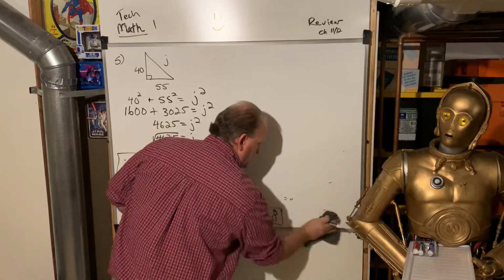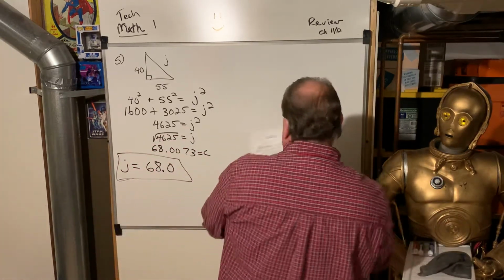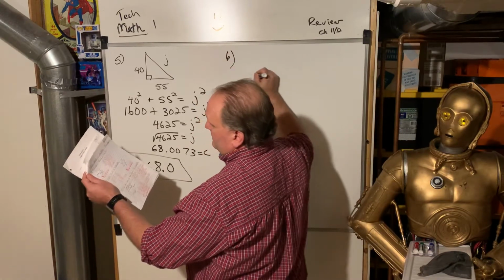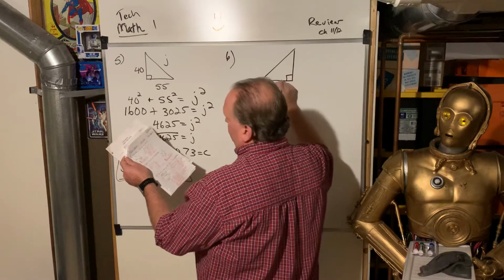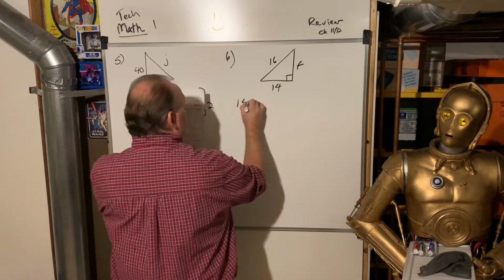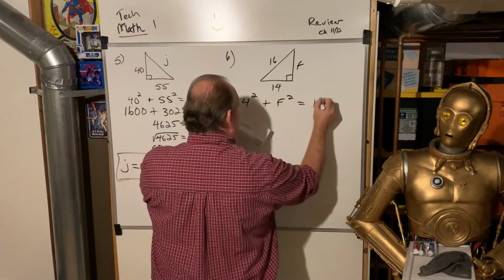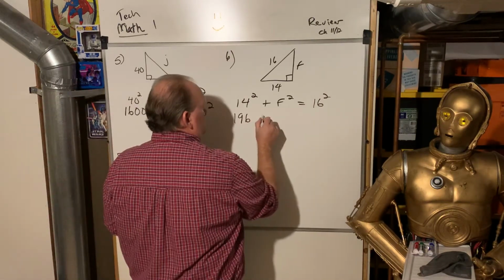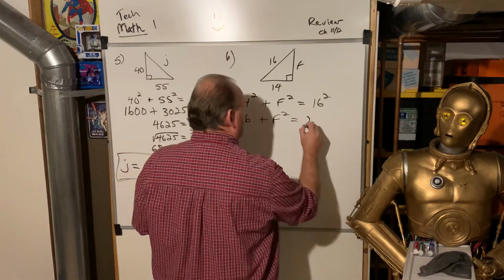All right. So on the next one here, we got number 6. Again, Pythagorean's theorem. So we got a right triangle, we got a 14 and a 16 and F. And so same dog, different fleas. 14 squared plus F squared is equal to 16 squared. That is 196 plus F squared equals 256.